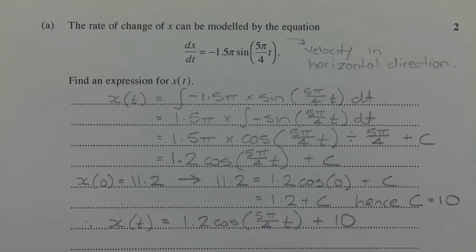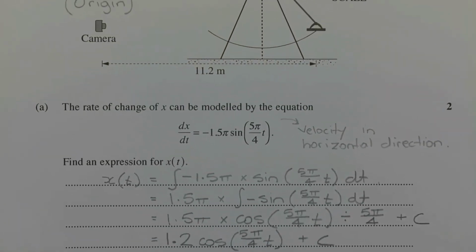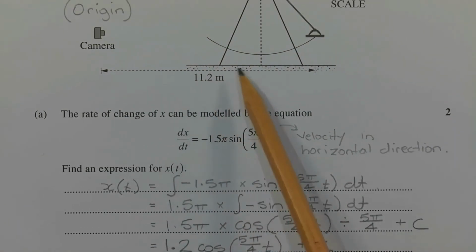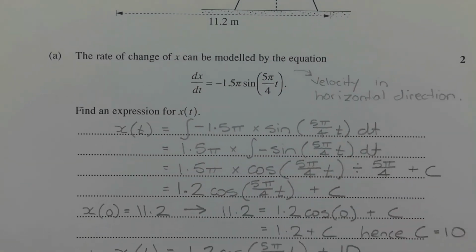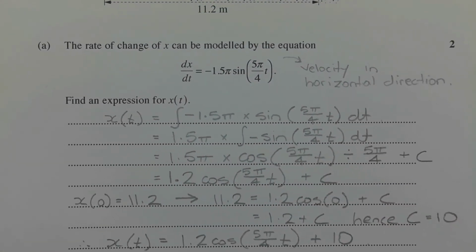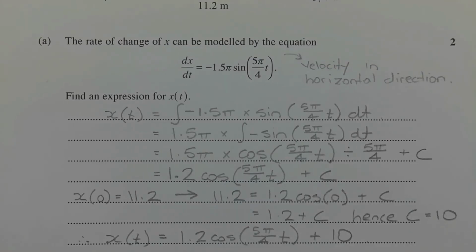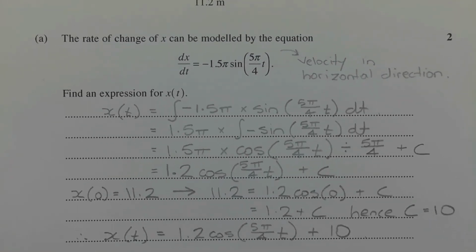Now we know that at time t equals 0, the swing is 11.2 meters away from the camera. And we can use that fact, which is our boundary condition, to find the value of c. So x of 0 is equal to 11.2.